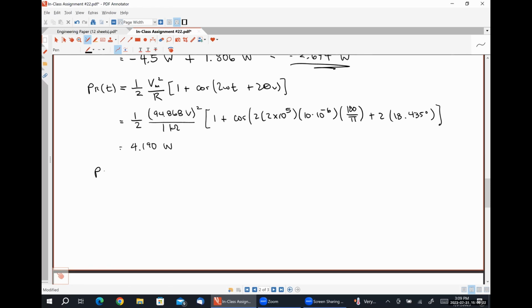Lastly, we have the instantaneous power absorbed by our inductor. 1/2 VM squared over omega L times the cosine of twice omega t plus twice theta V minus 90 degrees.